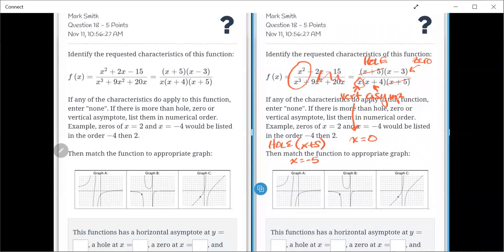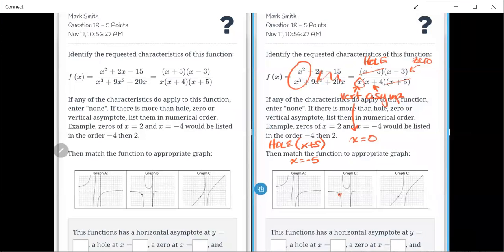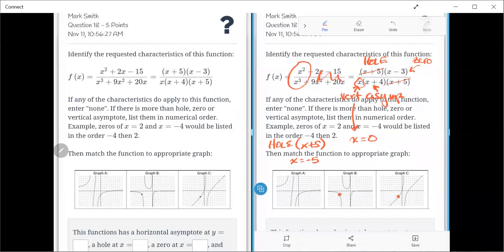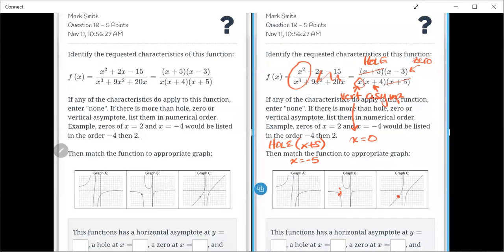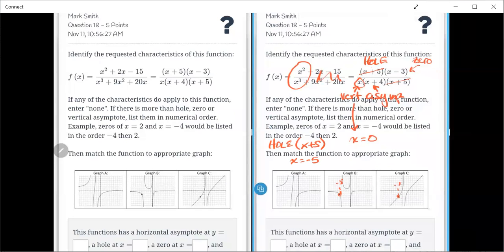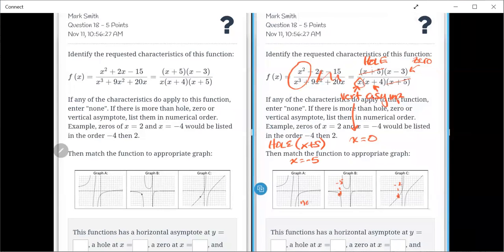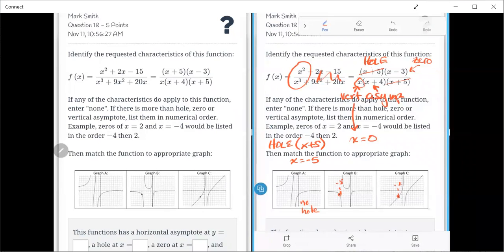So we're looking at the charts here, and we're looking to find a hole. These little marks right there, those are the holes. And you can tell by counting over how far they are. This hole is at -5 and this hole is at -2. And this one does not have a hole, right? So there is no hole in this graph. And you can use that to match the graph.